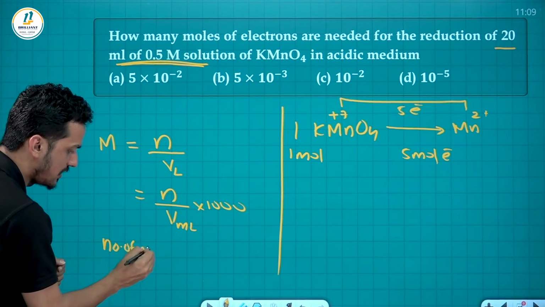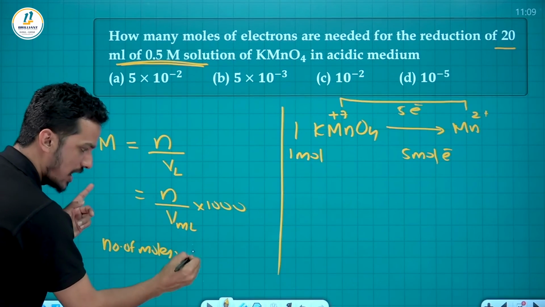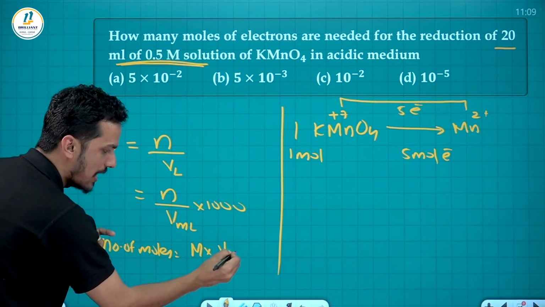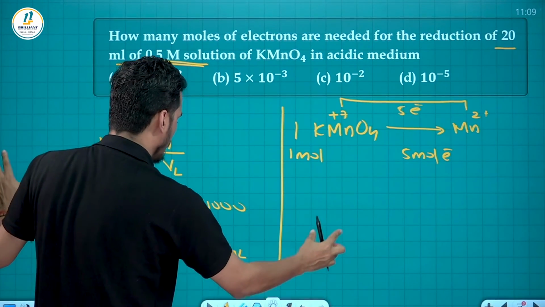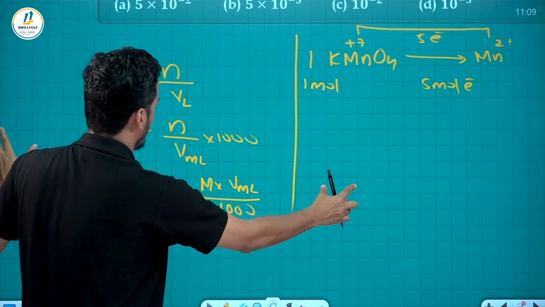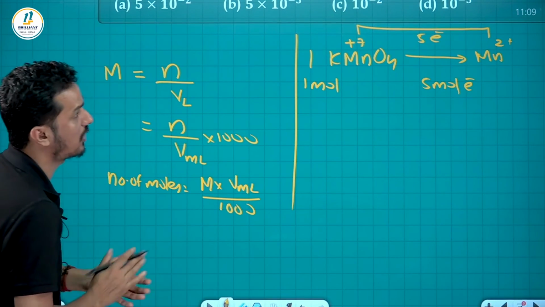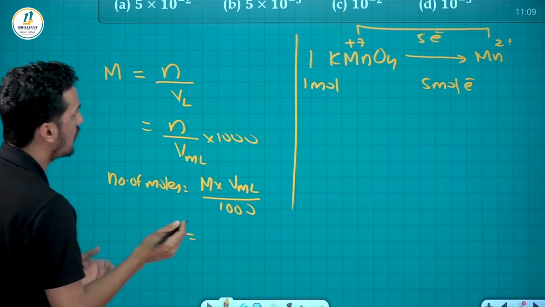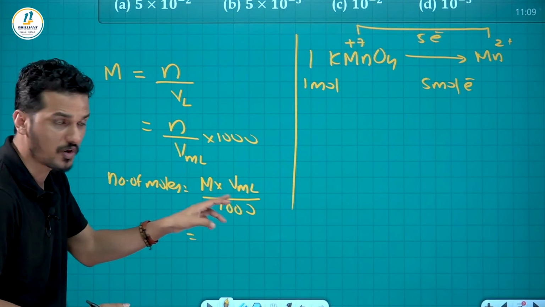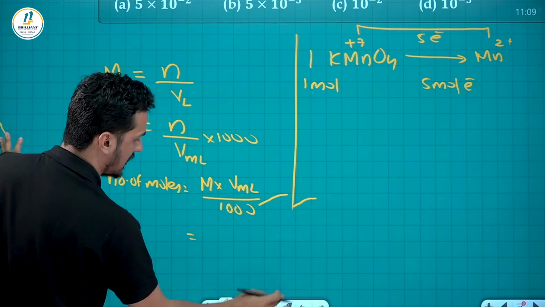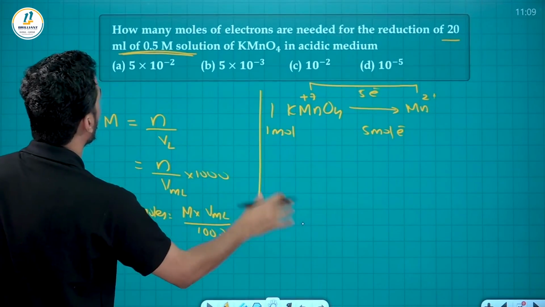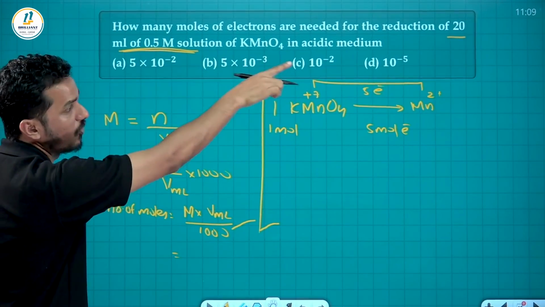Number of moles equals molarity into V in mL divided by 1000. Now I can substitute the values. What values did they give? We can check it here: the molarity is 0.5 and the volume is 20.